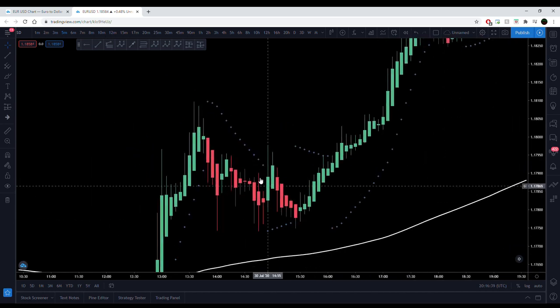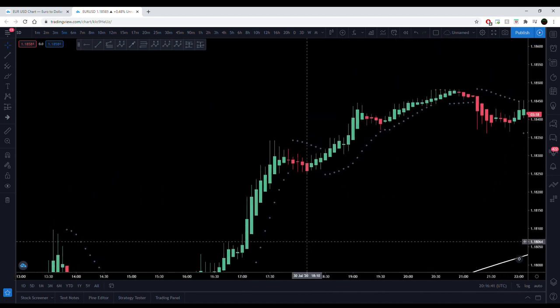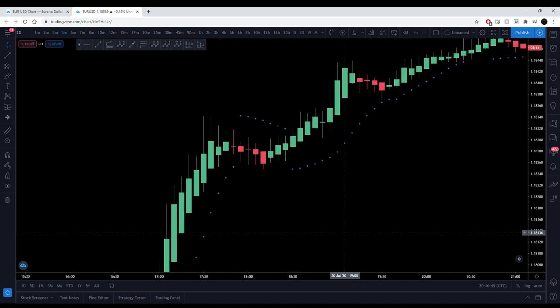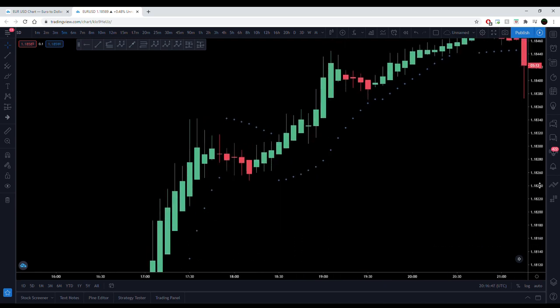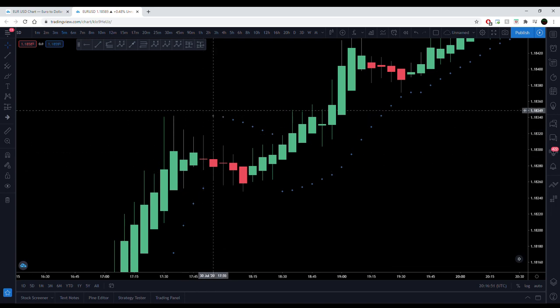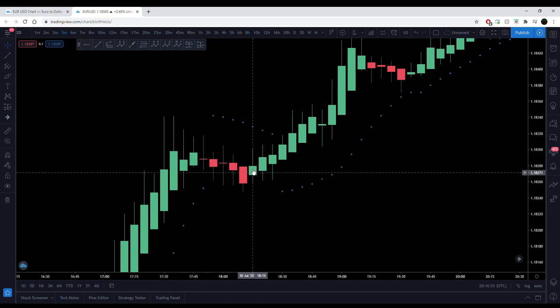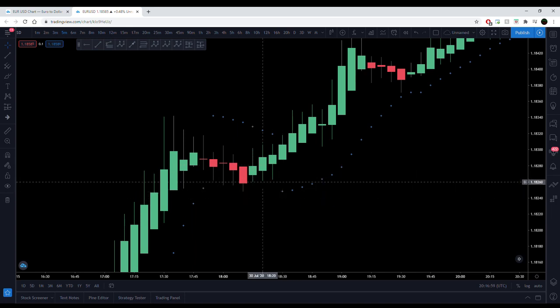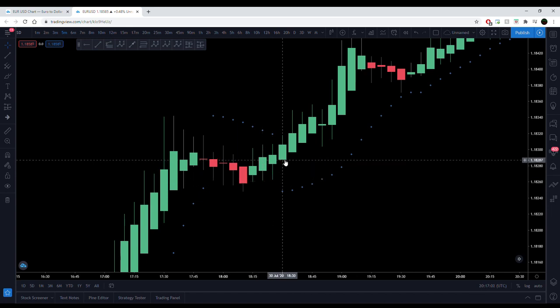So you would have gotten this whole uptrend, and then if you exited up here, you could also take another long entry right here. So we get parabolic SAR flips to the top, we get some red candles, then we see the flip to the green, but we're waiting for both the parabolic SAR to be underneath and to have no wick. So this would be our entry candle right here.